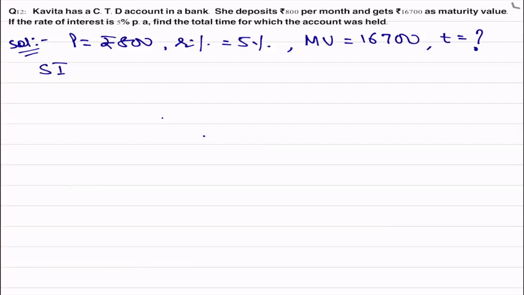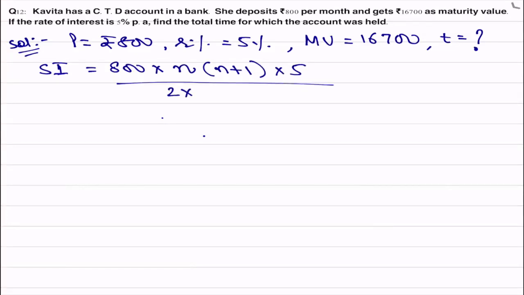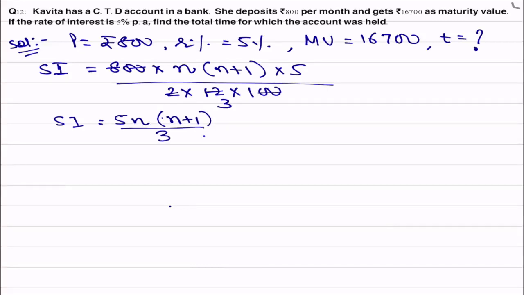So again we will use the same formula, simple interest, P into n is missing, n into (n plus 1) into 5 upon 2 into 12 into 100. After calculating, simple interest value is 5n into (n plus 1) whole upon 3. This is the value of simple interest. Now we will use the formula of amount, that is P into n plus simple interest.